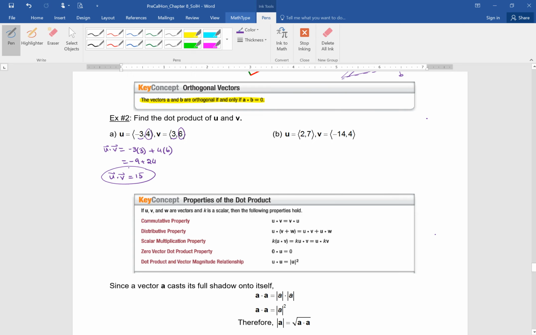It's like multiplying matrices, just like if this was a row matrix and this was a column matrix. Okay, all right, so let's find U dot V here. It's 2 times negative 14 plus 7 times 4. Negative 28 plus 28 is 0, so these are orthogonal.